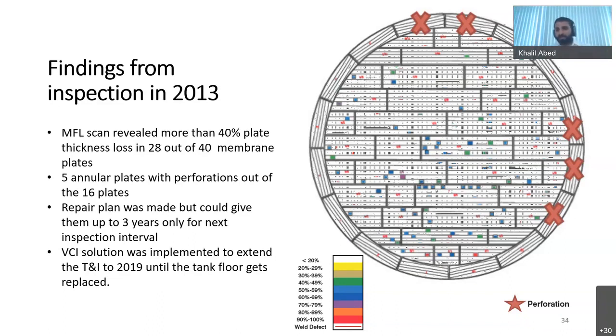The risk assessment shows that the tank needs to be taken out of service in 3 years' time to avoid any failure. So we went ahead and introduced the vapor phase corrosion inhibitors, which reduce the active corrosion rate and, in this case, the probability of failure, and can help you extend the next inspection interval. And that's what happened.